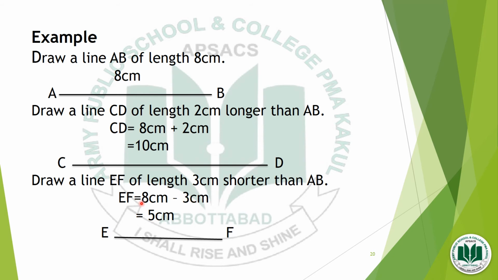So we will subtract 8 cm minus 3 cm, which is equal to 5 cm. Now again we will use scale to draw the line EF of length 5 cm. This is the way to draw the lines.